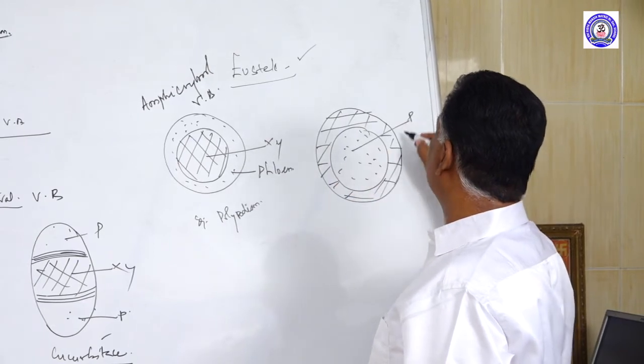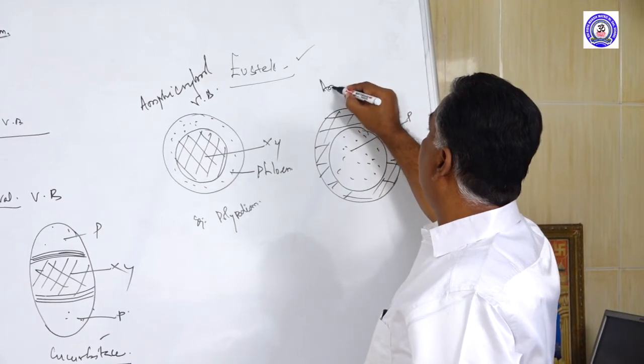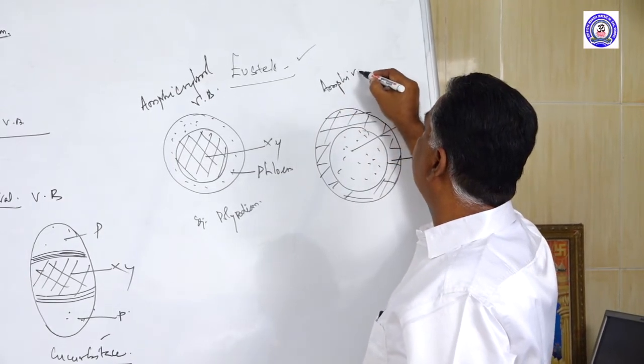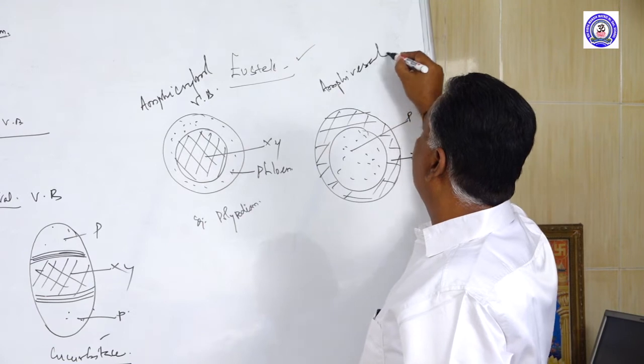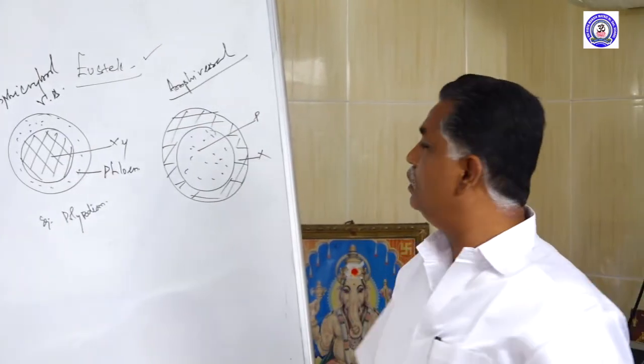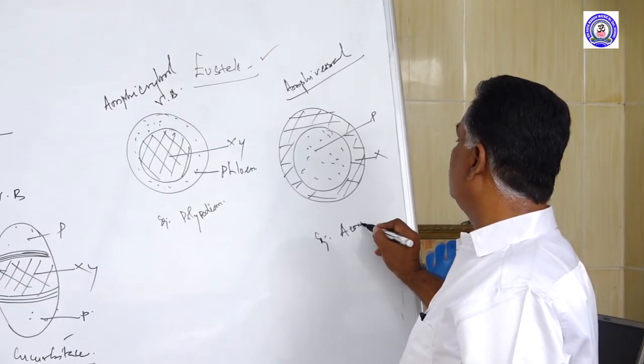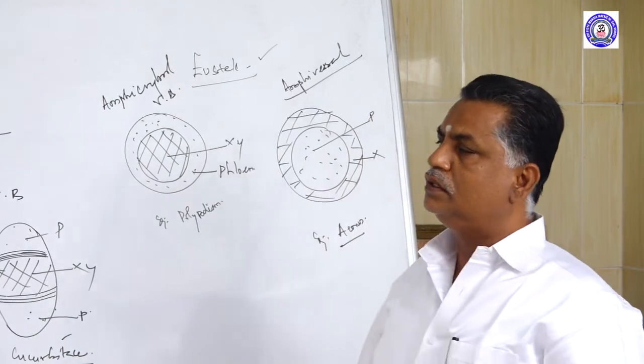This is phloem, this is xylem. This is called amphivasal vascular bundle. This is found in Acorus.